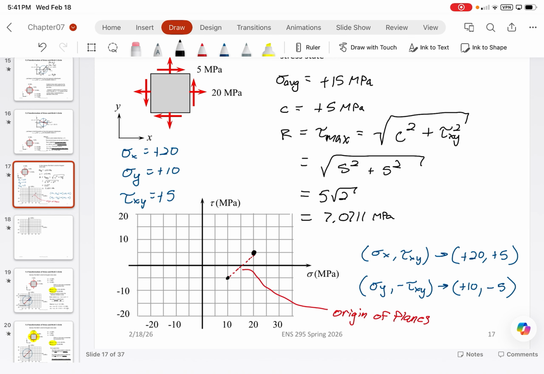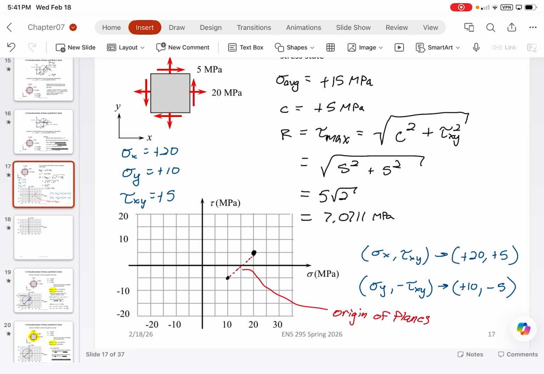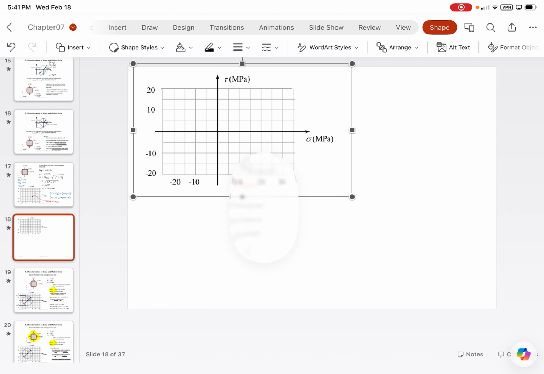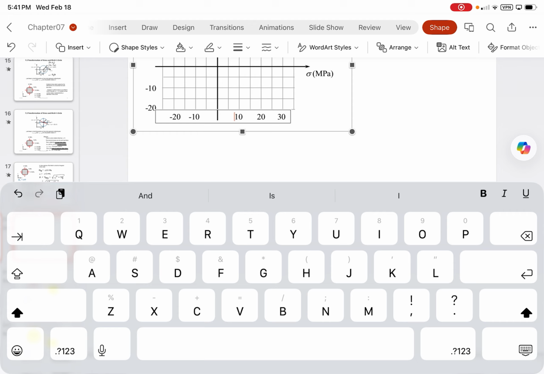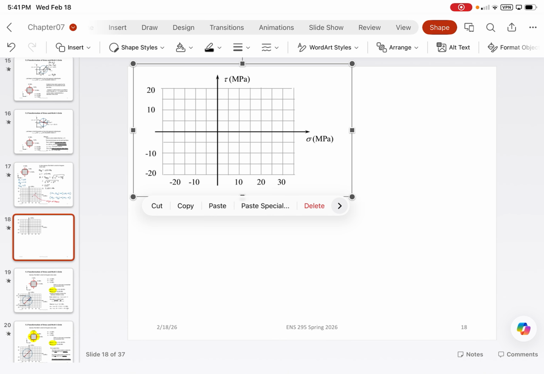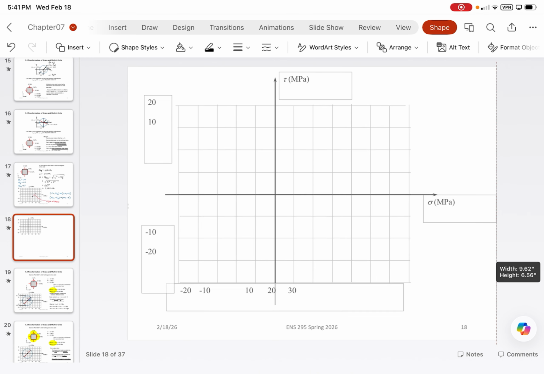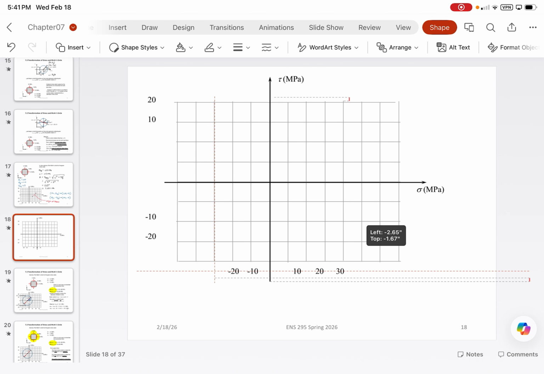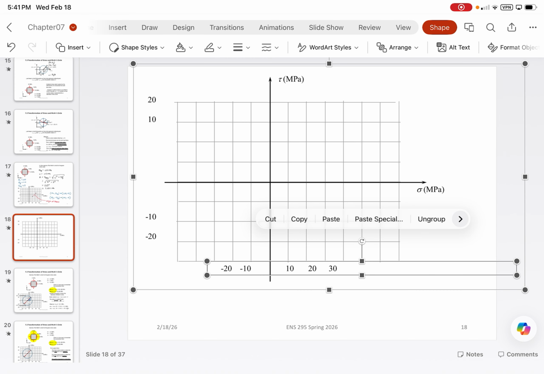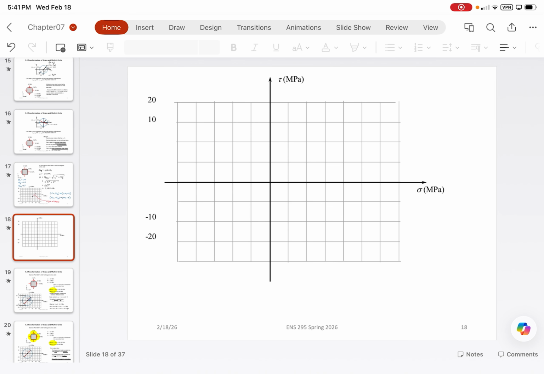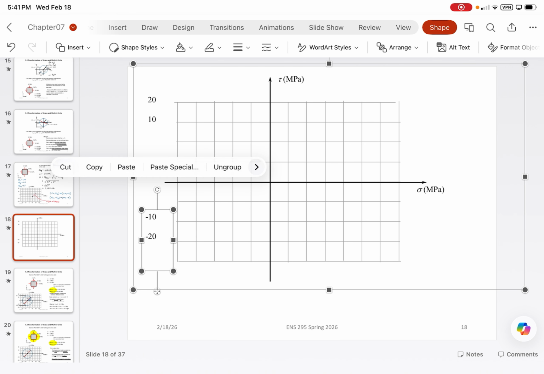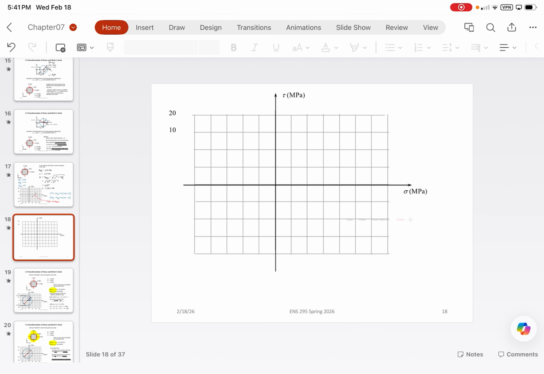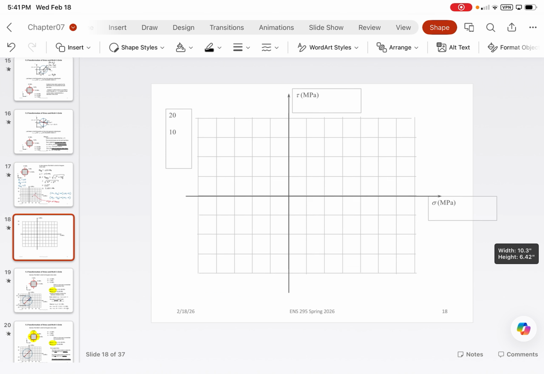From here, I want to see something. Can I just group this whole thing? Because I want to really try and get this thing really large. I'm going to make this plot larger so that we're not dealing with really small circles.